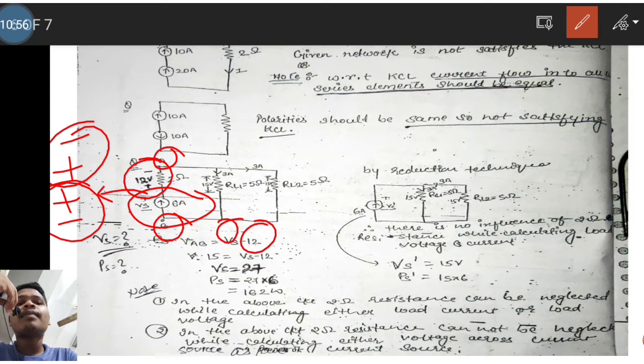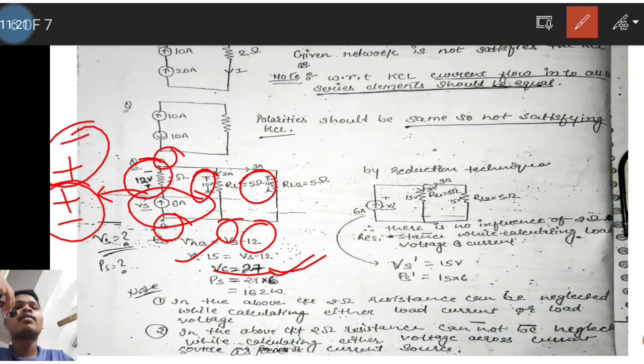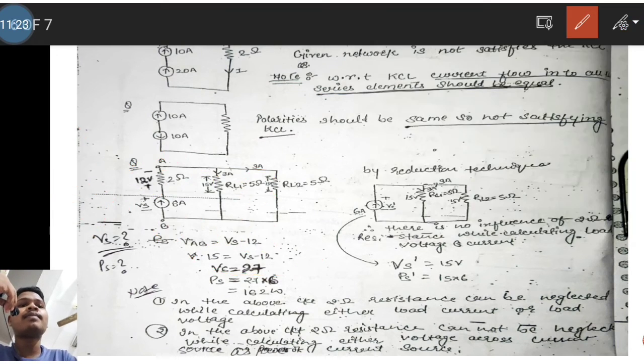VAB is given here as 15 volt. Putting in the value of VAB, 15 equals Vs minus 12. Transferring the minus 12 to the left hand side, it will be added: 15 plus 12 is 27. So Vs will be 27.